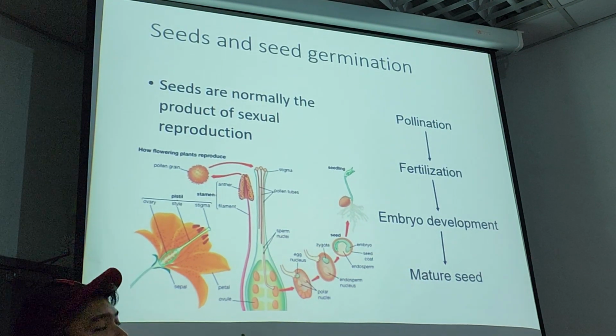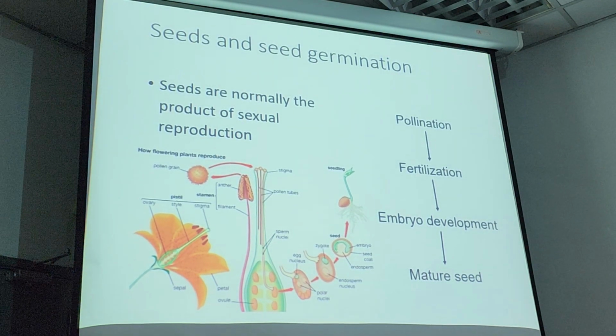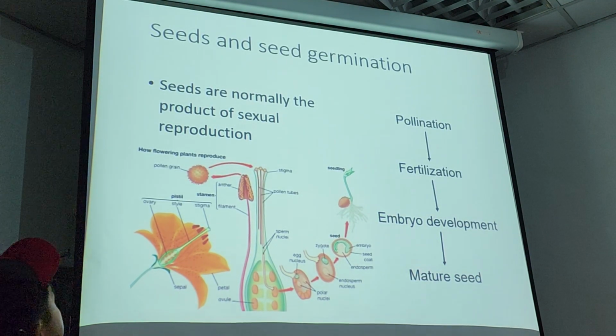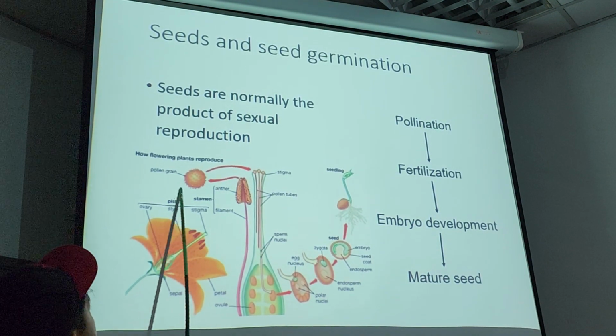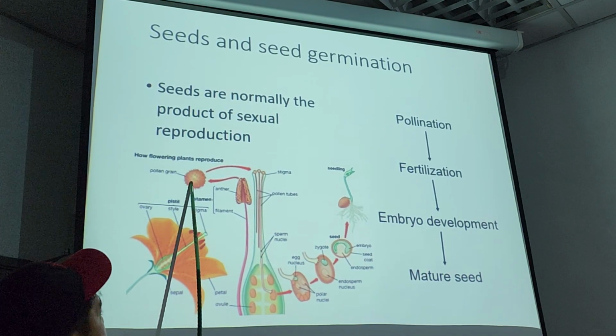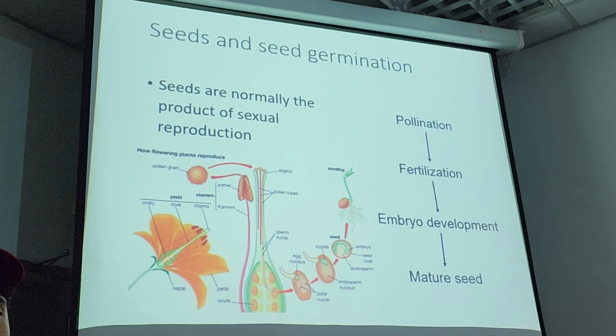It starts with pollination, meaning that the male part of the flower, the androecium, produces pollen, the ball here, and then the pollen is going to land on a stigma.